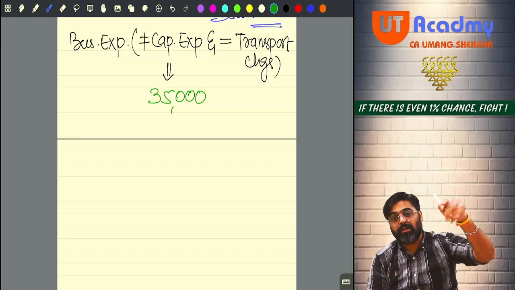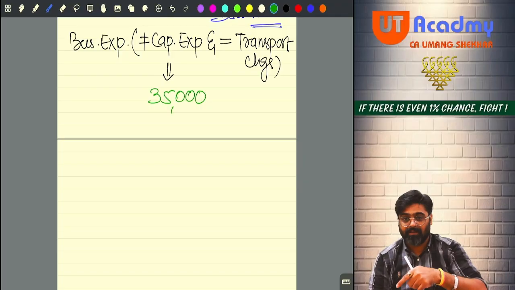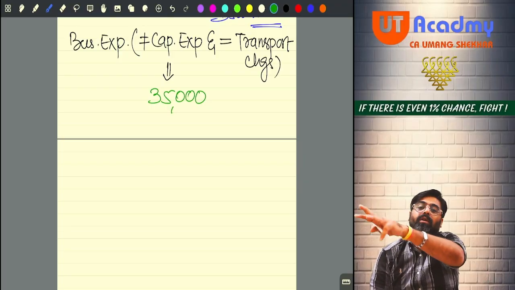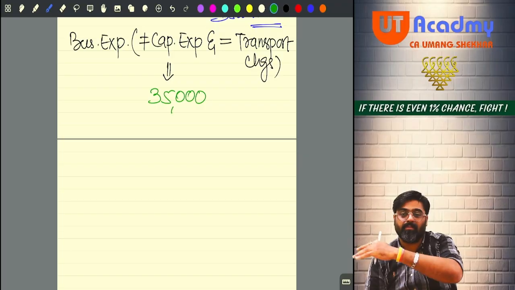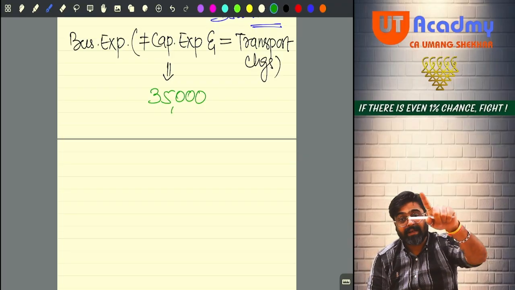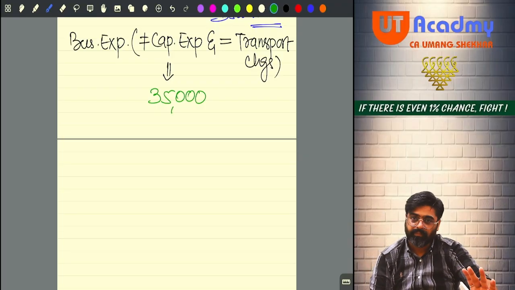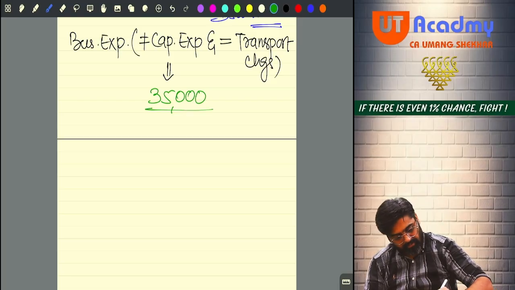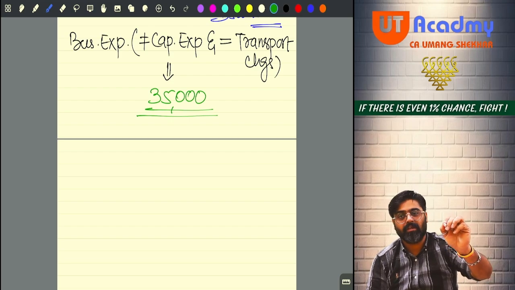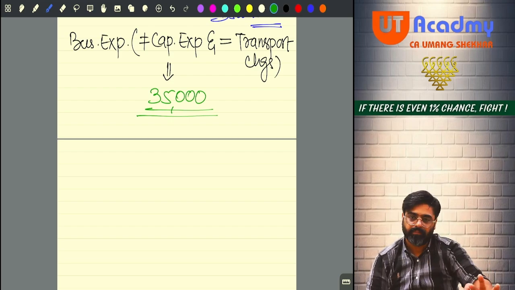But if it is paid by cash, bearer cheque, or cross cheque, meaning other than prescribed modes, then that entire 40,000 will be disallowed. Sure? So for transport charges, check 35,000, and for other business expenses, check 10,000.